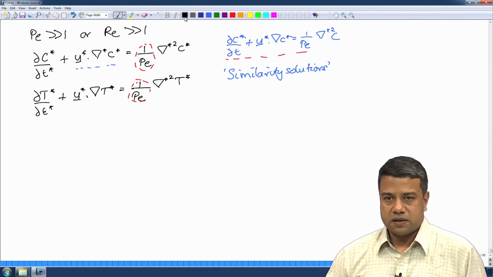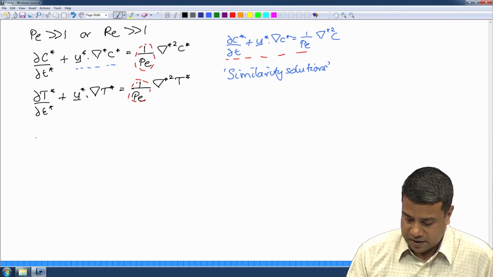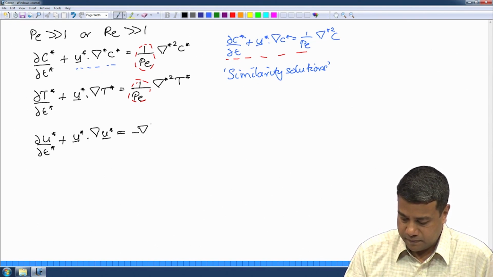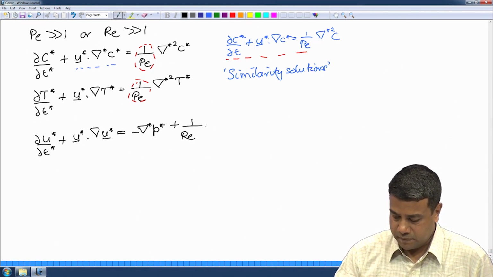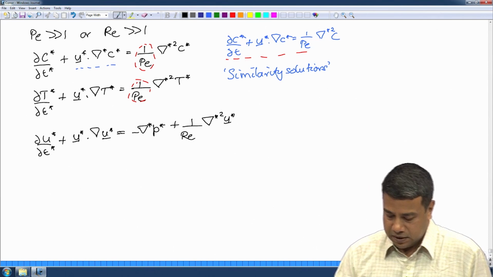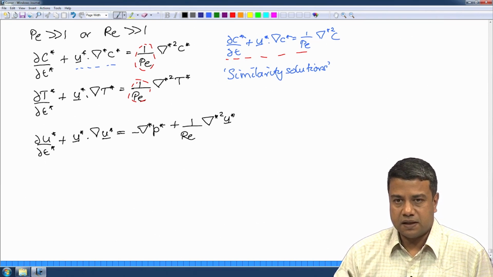A similar situation holds for momentum transfer. The equation, if I scale it by the inertial scales, in this case, in contrast to what I had defined earlier, in the earlier case I had scaled the pressure by the viscous scales.